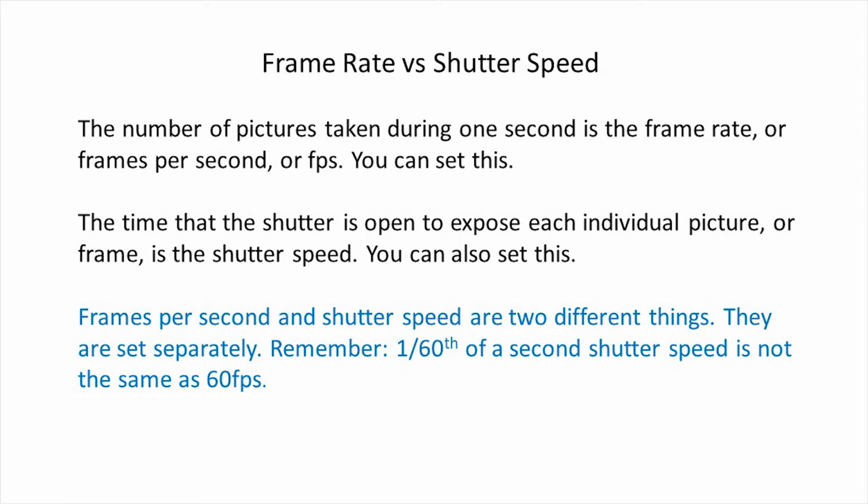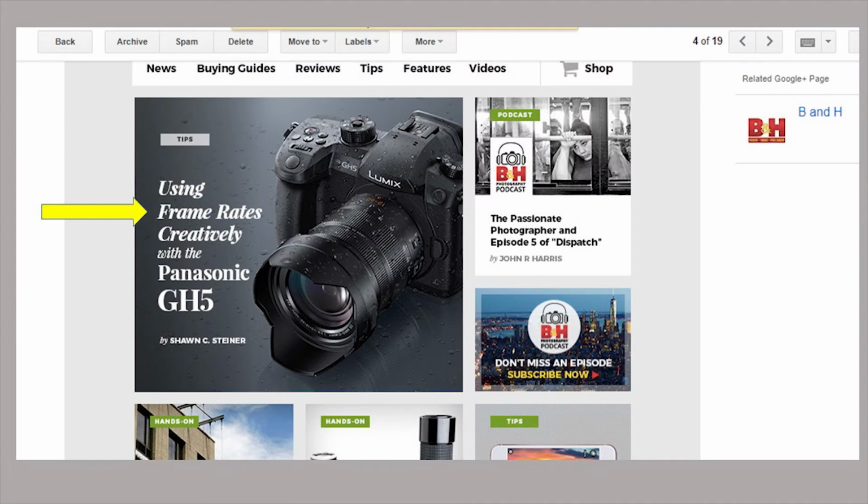This can be confusing. Here's an example. When I was putting this together as a slideshow for my camera club, I got this email from B&H Photo. It's a tutorial promotion for the Panasonic GH5, and it's on the subject of using frame rates creatively. So I still haven't figured out how they knew I was working on this.